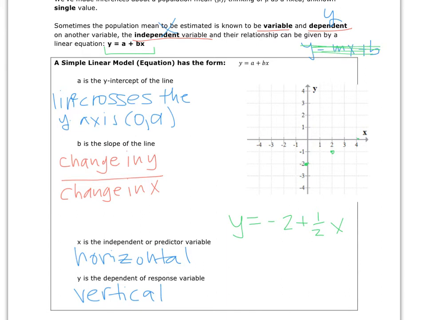And that's enough to be able to graph that linear equation. All right, so the -2 matches up with that y-intercept value, and then the change in y over the change in x matches up with the slope, or the number that comes in front of that x.